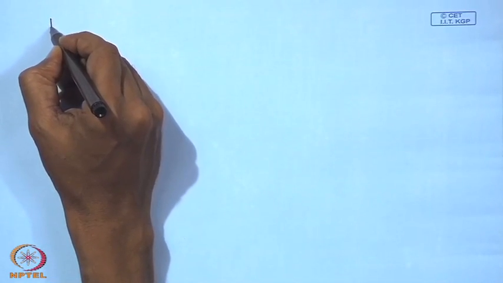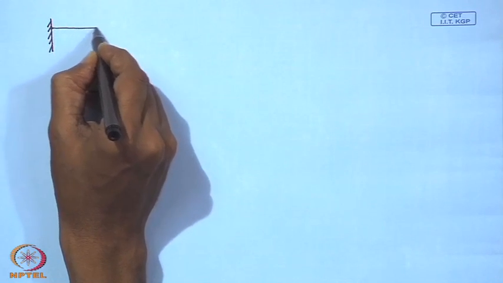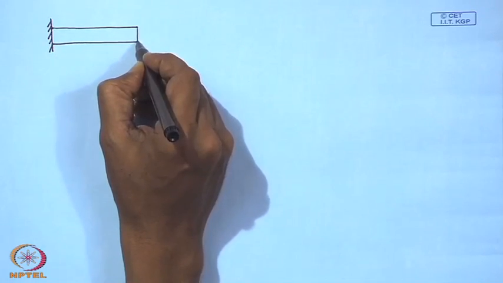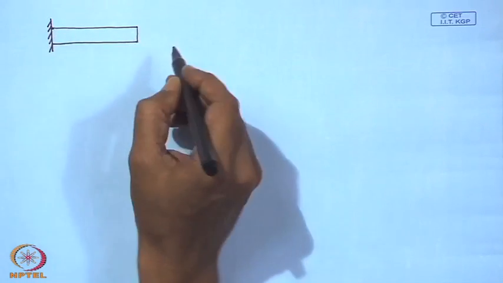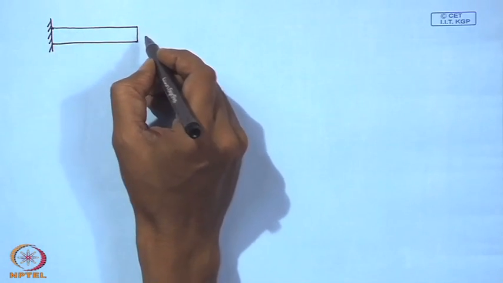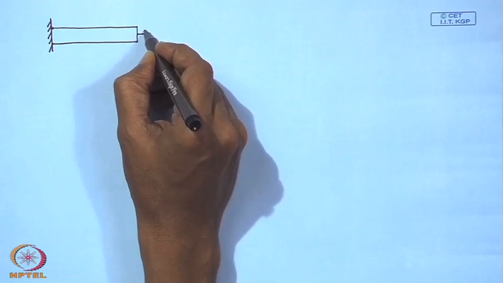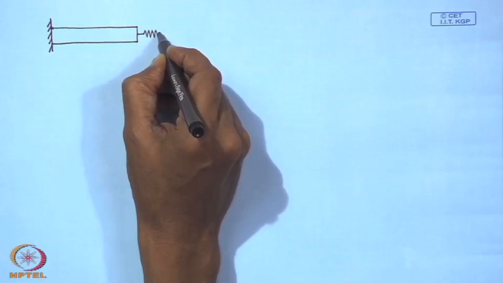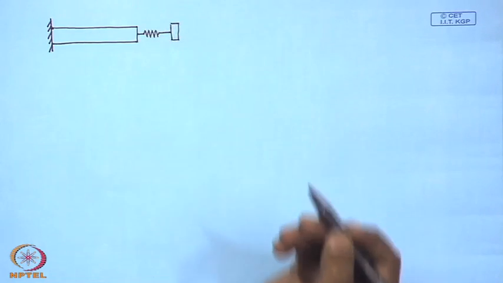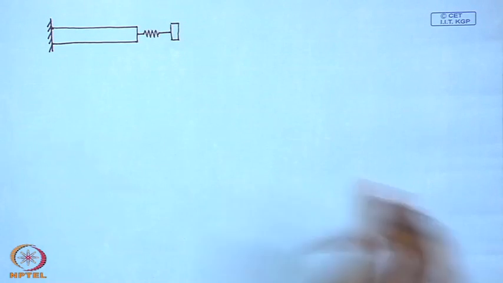So, as an example, we consider a uniform bar fixed at one end and attached to a simple harmonic oscillator in this manner.